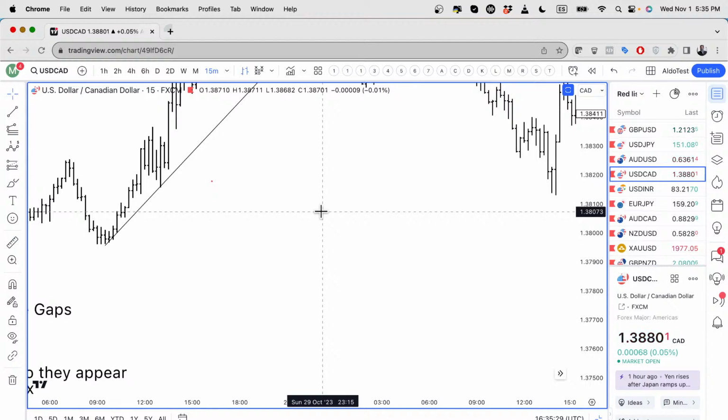So whenever I see a gap appearing on a monthly or weekly chart, I take those gaps seriously, because likely they are either a breakaway gap, a runaway gap, or an exhaustion gap. So we have to go into context, see where they are, and then trade accordingly. I hope that answers your question.